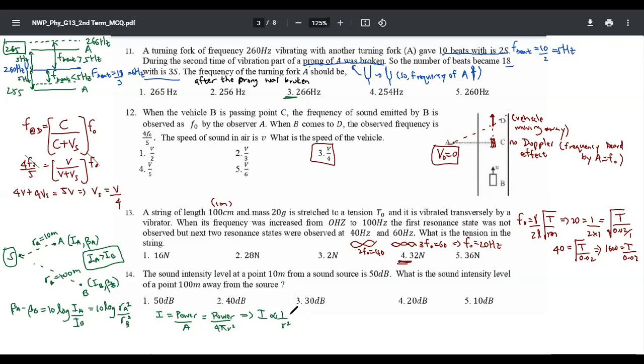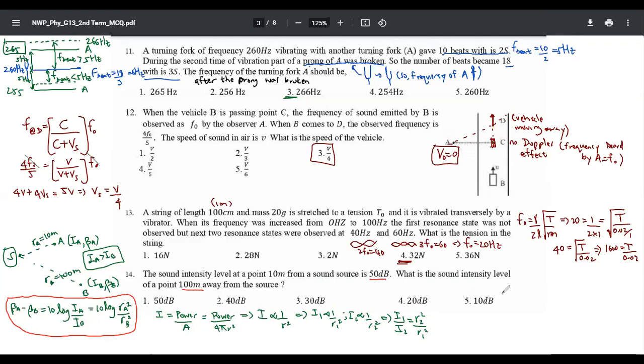Therefore, I1 is proportional to 1 over r1 squared, I2 is proportional to 1 over R2 squared, and from that you will be able to get an equation I1 over I2 equals R2 squared over R1 squared, the opposite. If you can remember that equation, it will be very helpful when you do questions at the exam, because it will save you a lot of time. We have to find the connection between sound intensity level and distance.